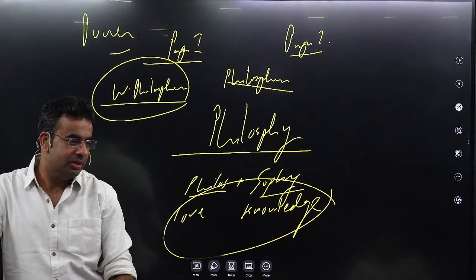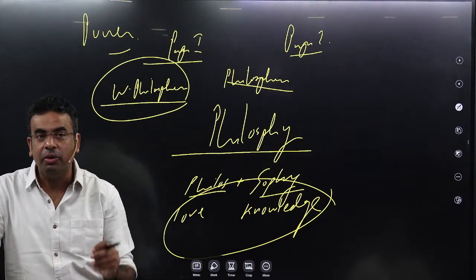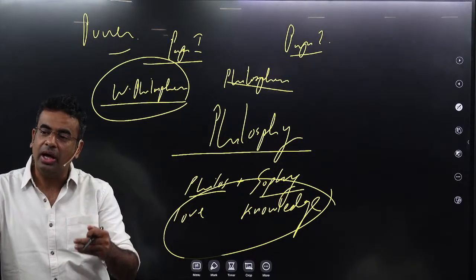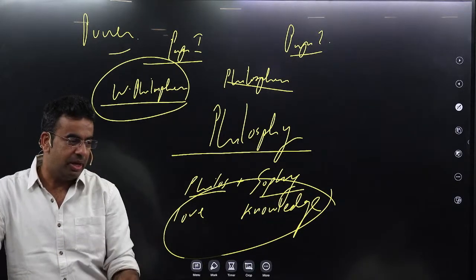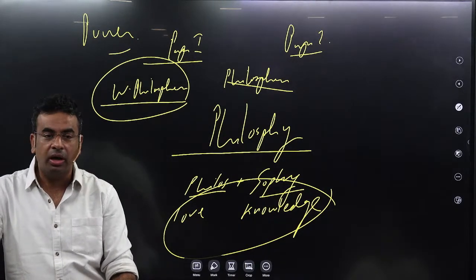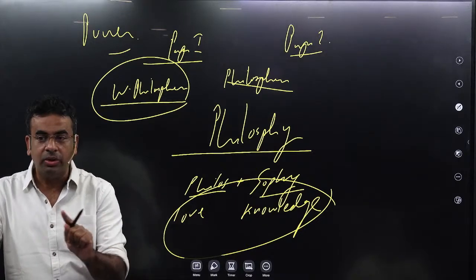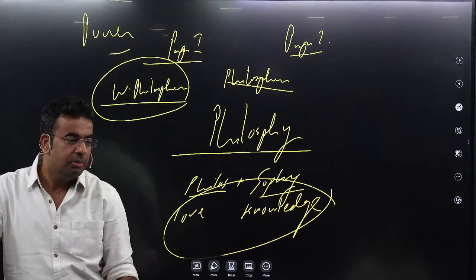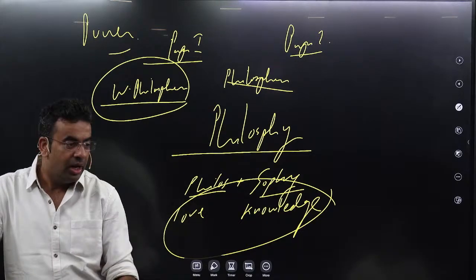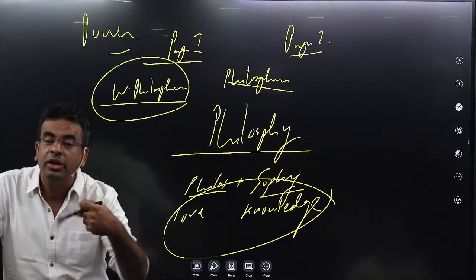Understand this point. Side by side, obviously you have a better attention span. Let me tell you, the UPSC exam is not an exam of creativity, it's an exam of intelligence. You are an intelligent person because your attention span is better and you can remember things and reproduce them.